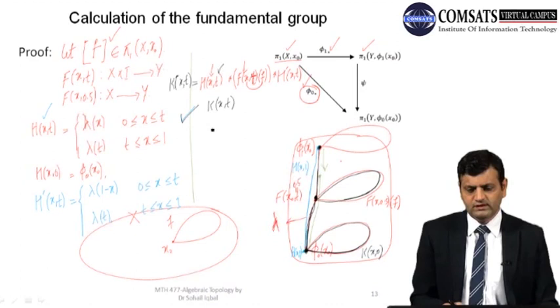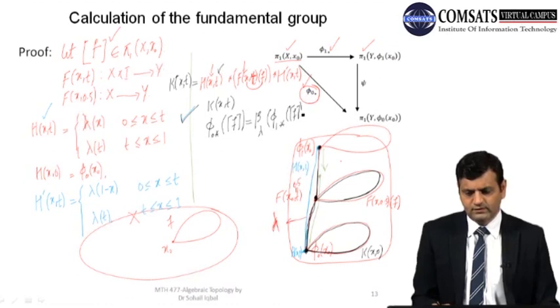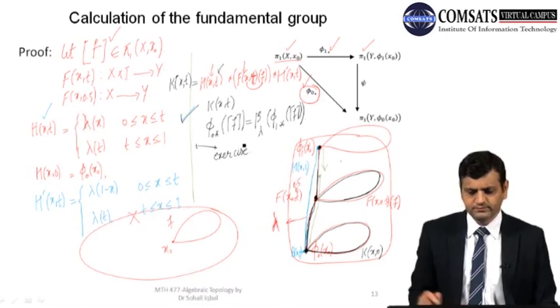Now we can see that phi naught lower star of f is equal to beta lambda of phi 1 lower star of f. I'm going to leave the details of this to you. This is an exercise to see why this holds.